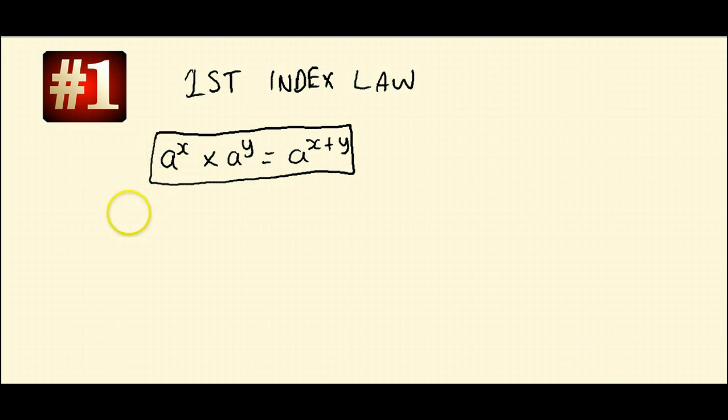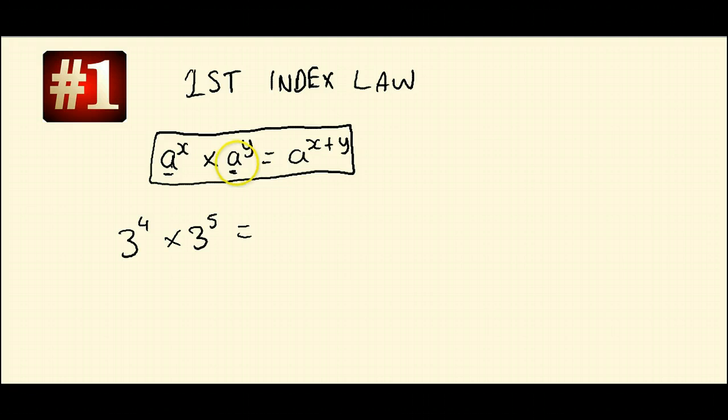All right, now let's do an example of that to illustrate better what it means. So let's say we've got 3 to the power of 4 times 3 to the power of 5. Okay, for the first index law, to multiply indices together, we need to have the same base.